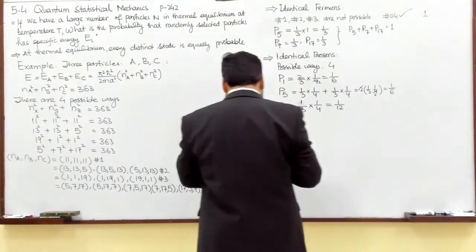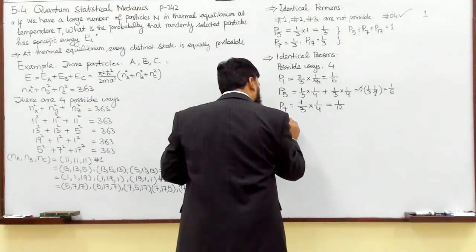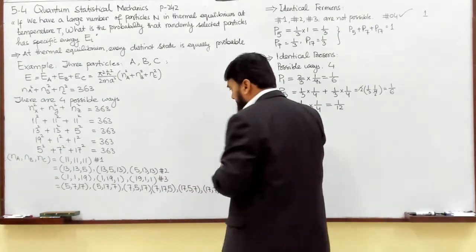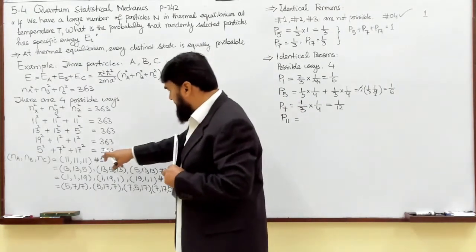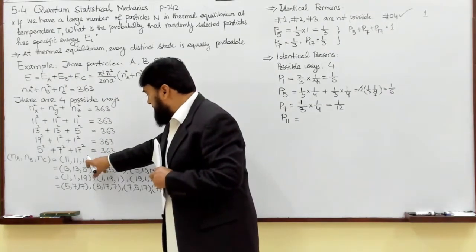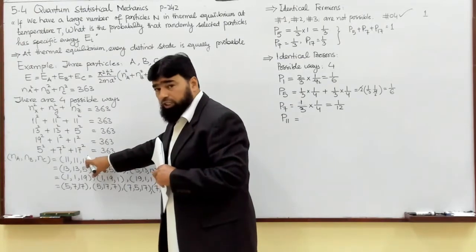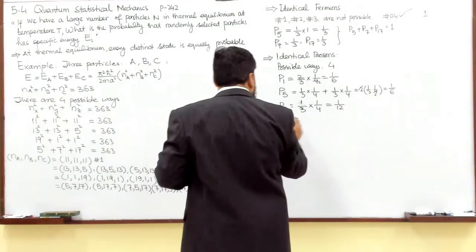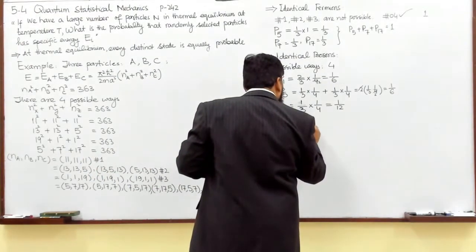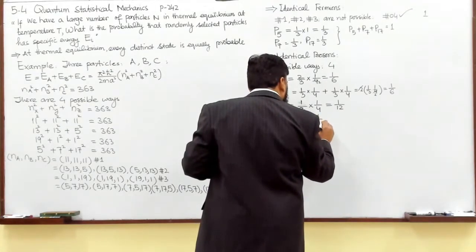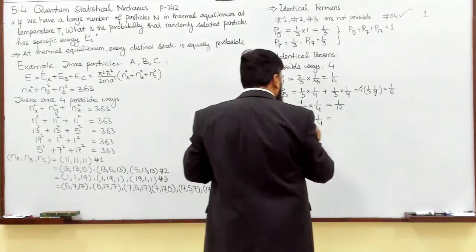Similarly, P11. The chance of having 11 in this 3 is 3 by 3, and the chance of getting the configuration is 1 over 4.